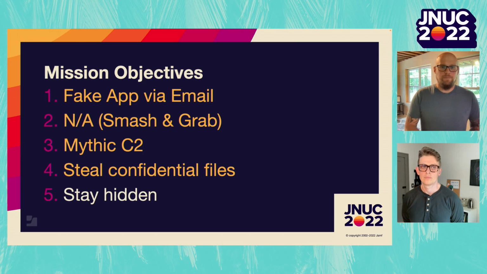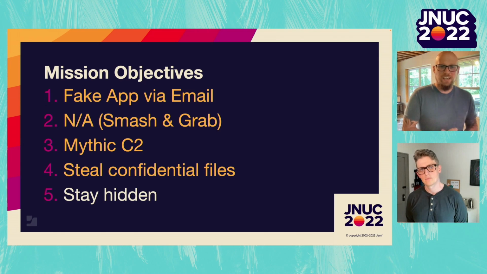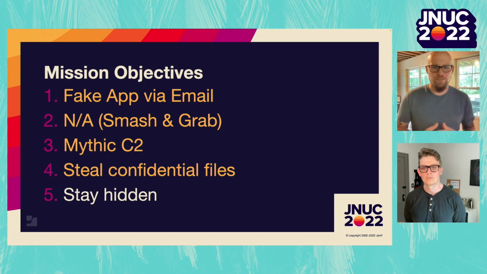And then how are we going to stay on the system? Well, we already gave an example of what suspicious persistence looks like, and the Mythic C2 even has a feature that will trigger on the example we gave. So in this case, we're just going to do a smash and grab.